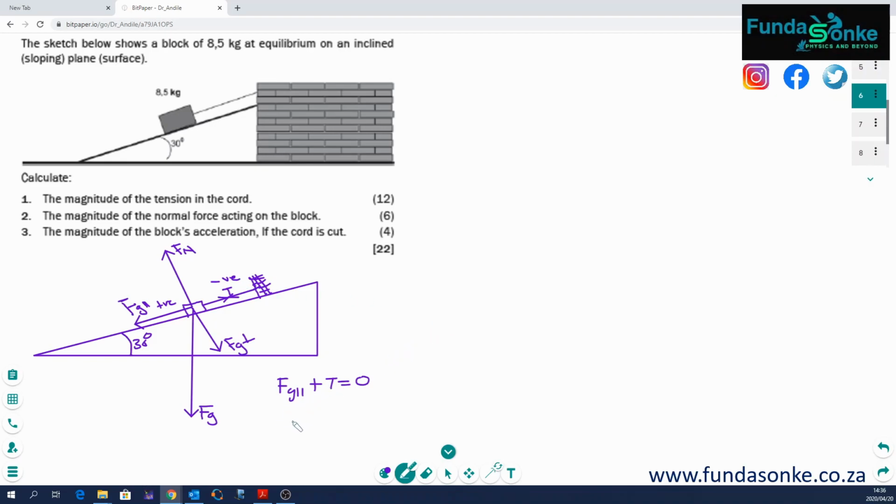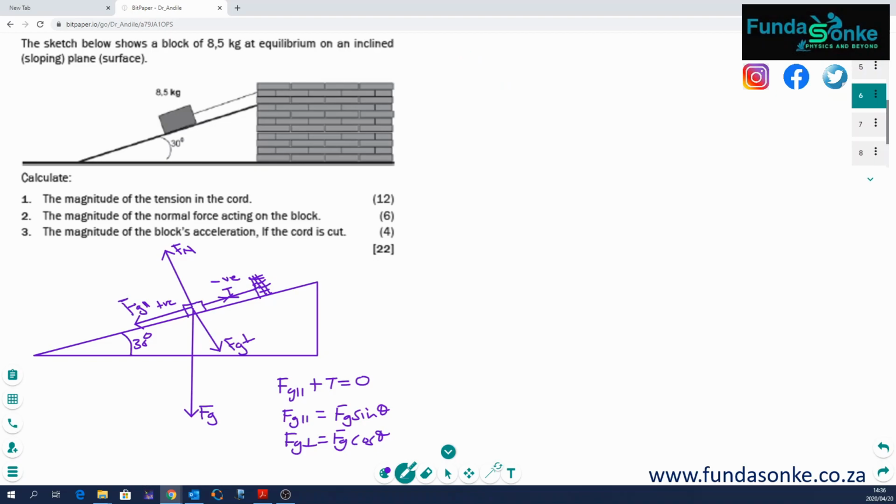And from resolving our components, we know that our Fg parallel is equal to Fg sine theta. And also our Fg perpendicular is equal to Fg cos theta. However, for the first question, we are only going to need Fg parallel, right?